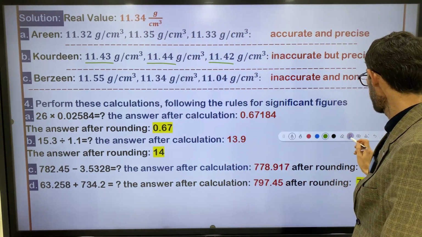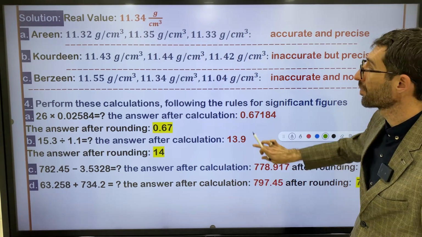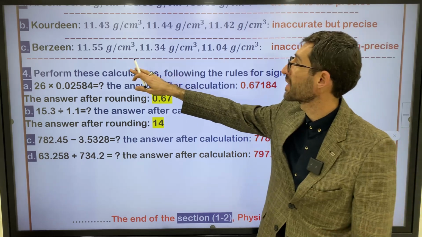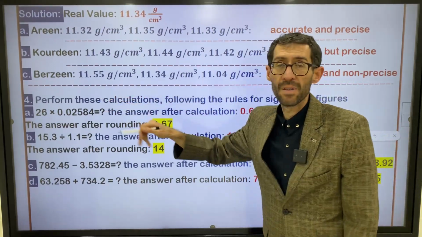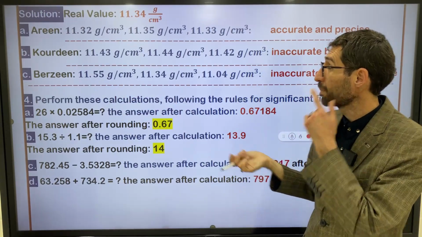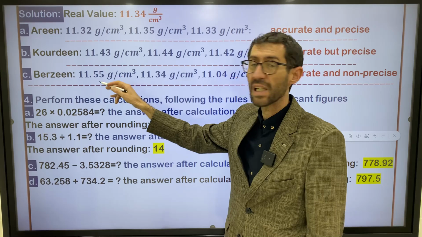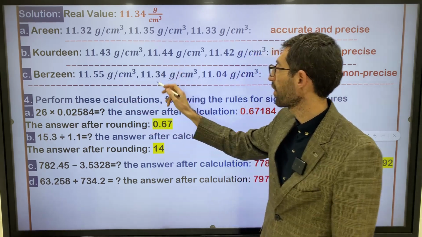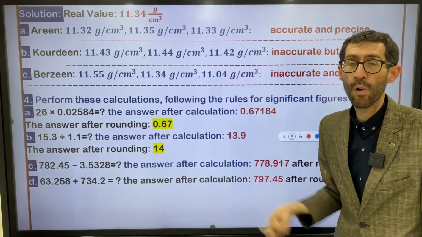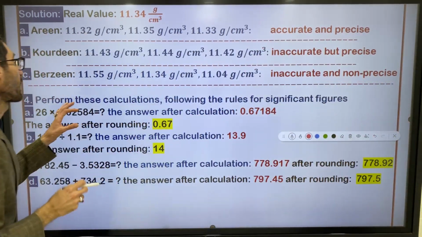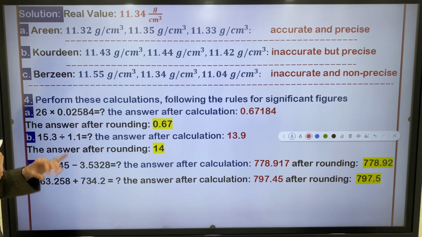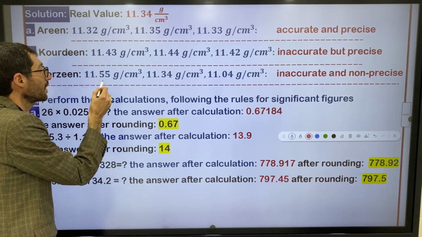Let's move on to another one. Berzin. We have Berzin here. Let me read the readings of Berzin. Berzin measures 11.55, 11.34, 11.04. Think about it. I want to study the accuracy.